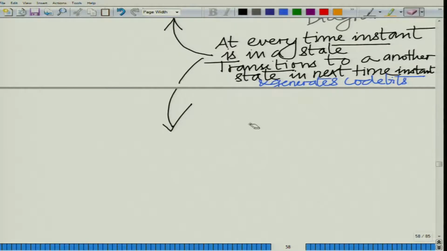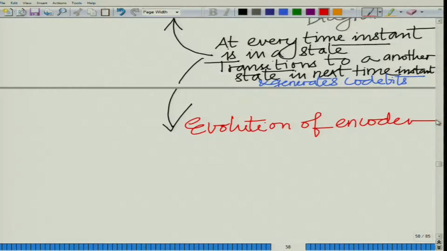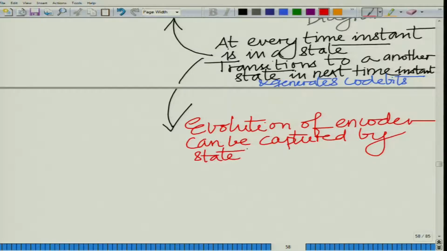So the evolution of the encoder can be captured by state transitions.